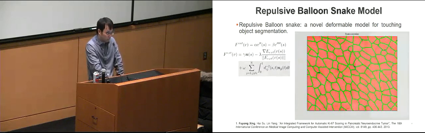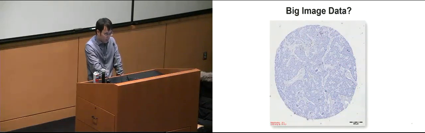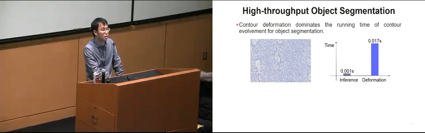So how about big image data? As we mentioned, if the image has a very large dimension, with millions or billions of pixels. Remember that in the previous slide, we mentioned that we would like to do the contour deformation. And actually, this contour deformation dominates the running time during the testing stage.